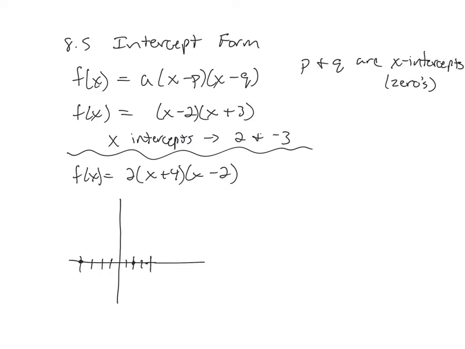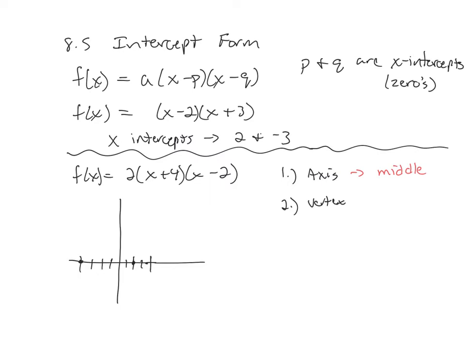Okay, and so then again, when we do intercept form, I still want the axis of symmetry, and I still want the vertex. I need those two pieces of information. But there's two ways to think of the axis of symmetry in intercept form. A lot of people just say, what's in the middle of these two points?